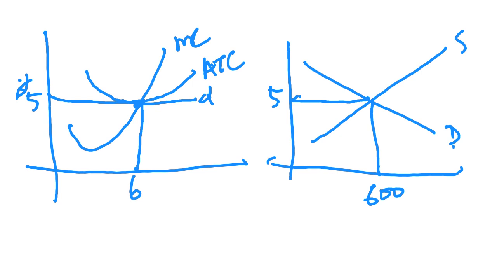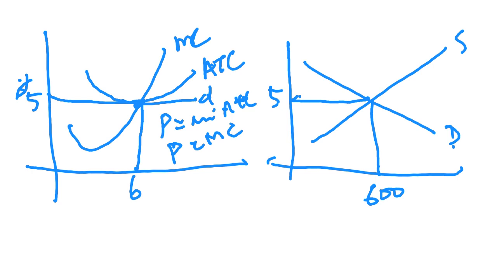Now notice in this diagram, this is a long run equilibrium for a competitive market structure. Notice two important things. Number one, I can write from the firm's point of view, price is equal to minimum of average total cost. That is called productive efficiency. What is allocative efficiency? Price is equal to marginal cost. So we have both efficiencies in this market structure, that is productive efficiency and allocative efficiency.